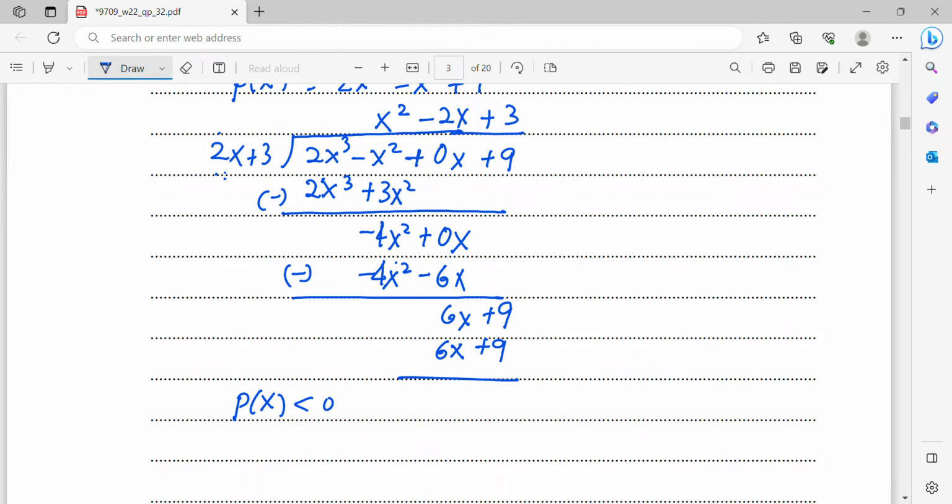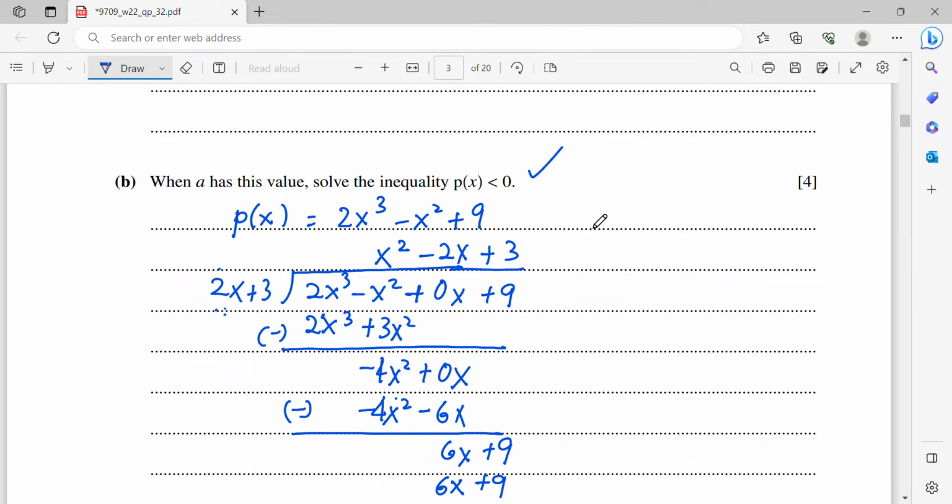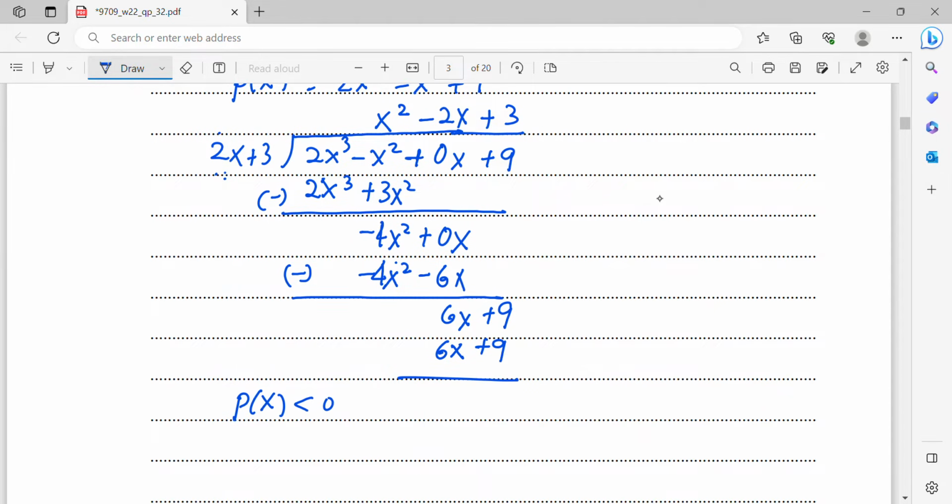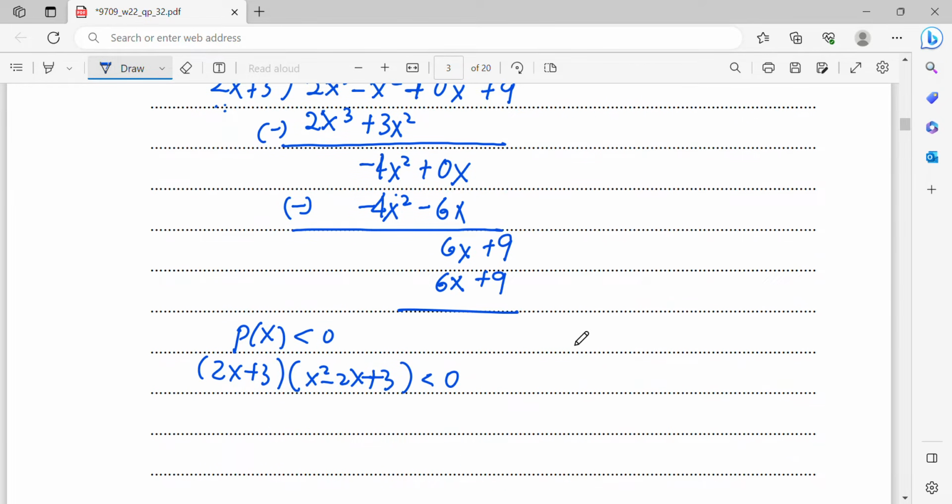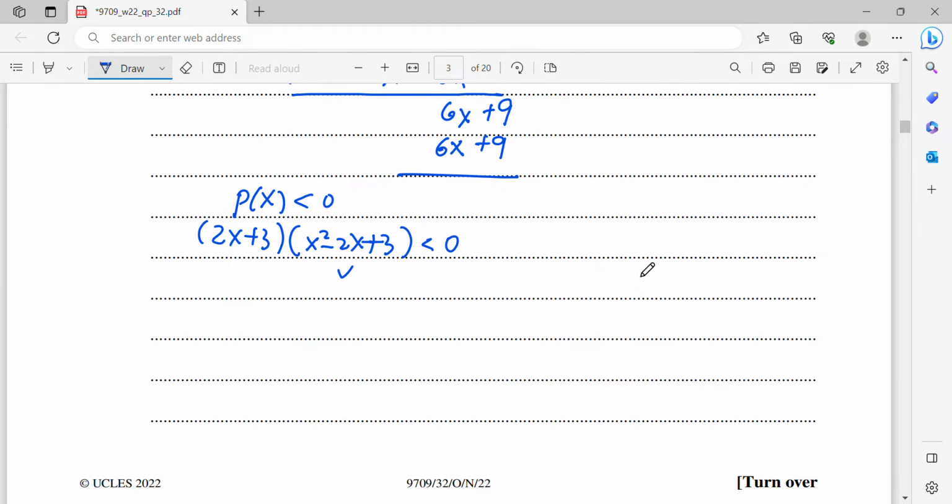less than 0. Okay, so because we need to solve this inequality, it is basically 2x plus 3 multiplied by the quotient, which is x squared minus 2x plus 3, less than 0. So from here, you are getting a quadratic factor. Alright, so we need to solve this by factorizing the quadratic factor.